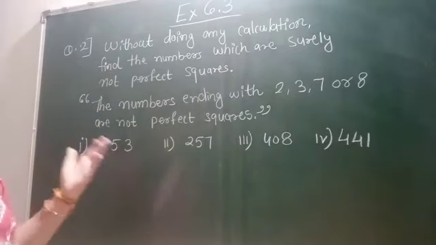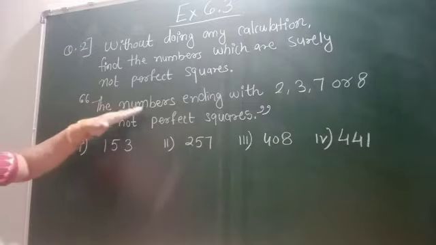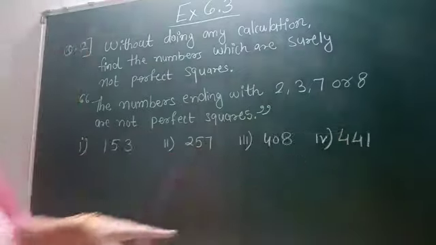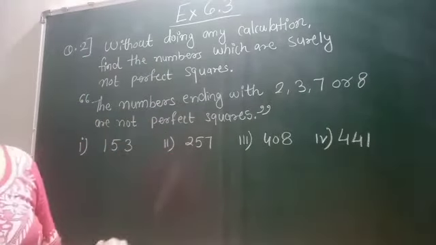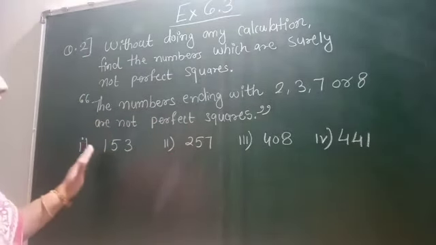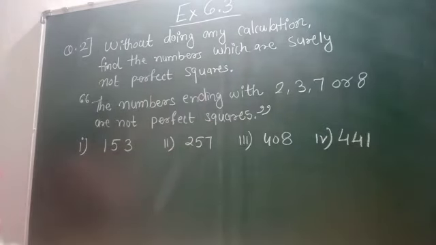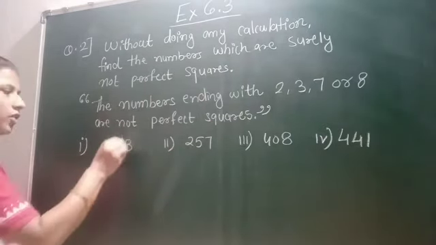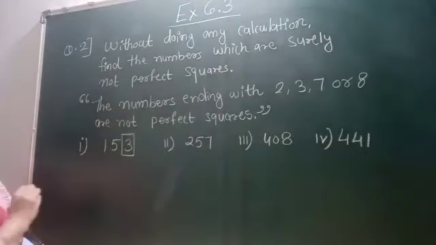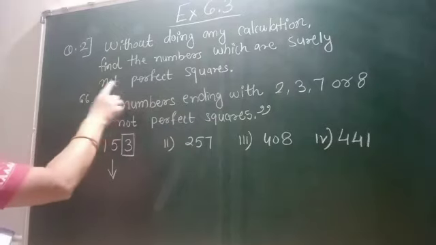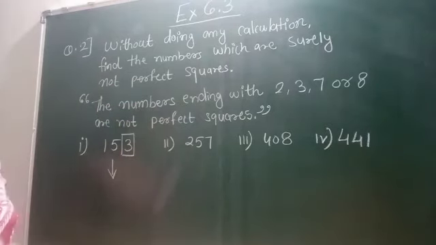As we learned earlier, numbers ending with 2, 3, 7 or 8 are not perfect squares. The same concept we will apply for solving this question. As you can see here, in this 153, the ending digit is 3. So this number will not be a perfect square number.